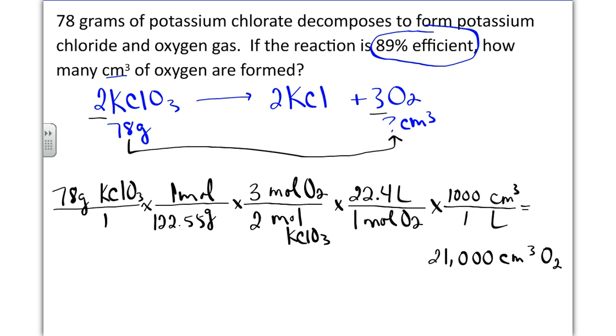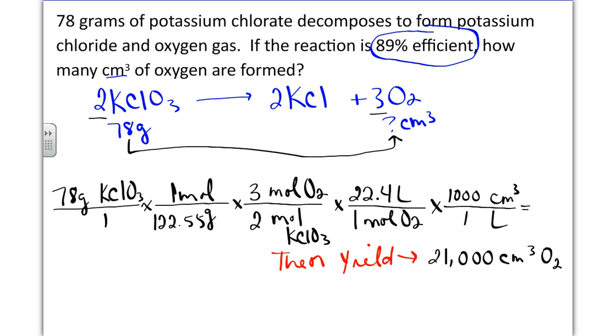Now I want you to know that this is called the theoretical yield, where mathematically on paper, in theory, if everything worked out at 100%, this is what my yield would be. However, this is only an 89% efficient reaction.